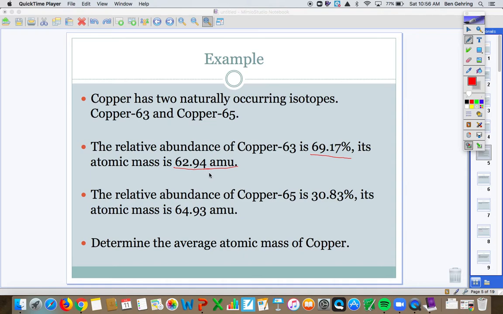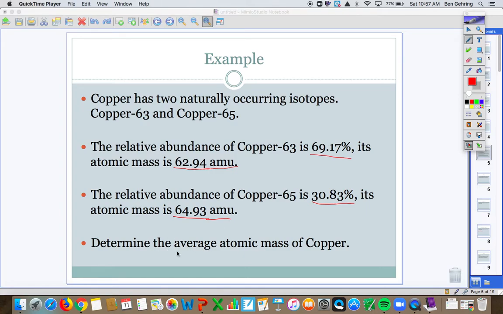Again, AMU is atomic mass units. So that's the percent abundance, and the mass is 62.94 AMUs. Copper 65 is only 30.83% abundance and has a mass of 64.93 AMUs.